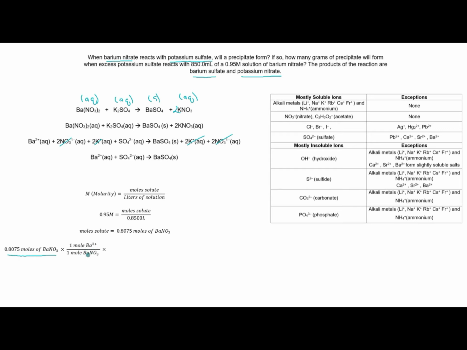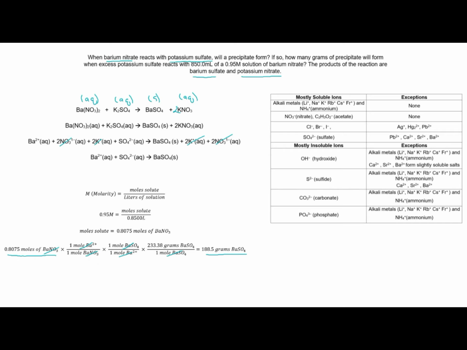For every 1 mole of barium nitrate, I get a mole of barium. Now that I know my barium, I can predict my barium sulfate. So here's my second mole ratio, 1 mole of barium to 1 mole of barium sulfate. My final step is to convert my barium sulfate from moles to grams. So here's my molar mass. Again, making sure everything cancels nicely, I get 188.5 grams of barium sulfate.